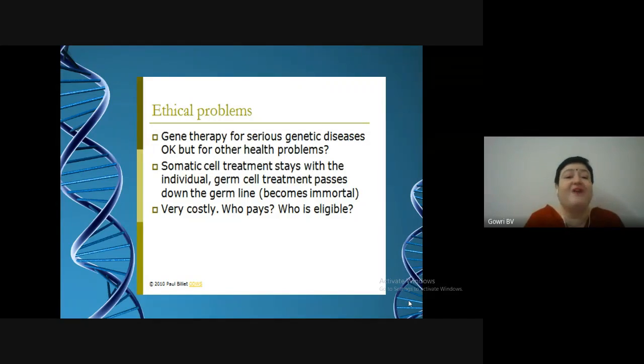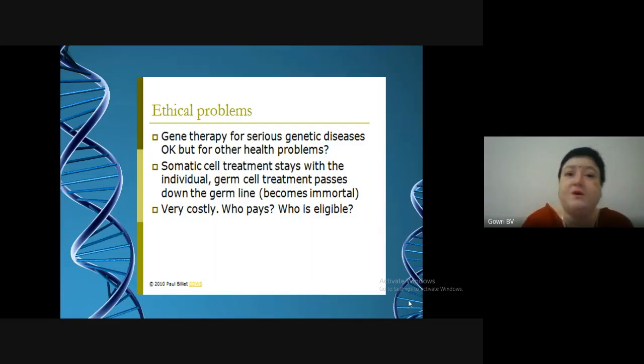And of course, it is very, very costly. It is not so theoretical as it looked in the slides. To identify the genes, replace the gene, and bring out treatments is very costly. Who will pay and who is eligible is one ethical question, because any treatment procedure should reach not only the rich, but also the mediocre and those down to economically weaker sections.